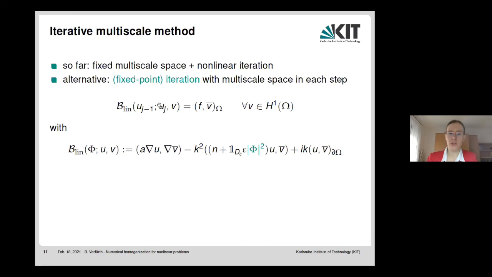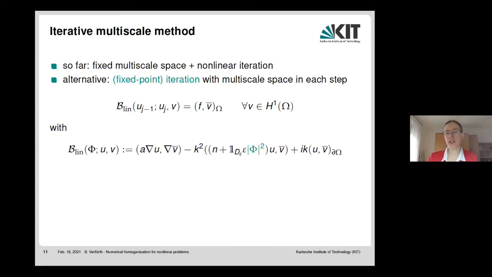So if you want to compute Uj, you fix your nonlinearity at the previous iterate Uj minus 1, and you compute the solution of a linear Helmholtz problem. Under suitable assumptions on K, N, epsilon, and F, you can in fact show that on this continuous level, the sequence Uj converges to the exact solution U, because you have a fixed point contraction iteration.